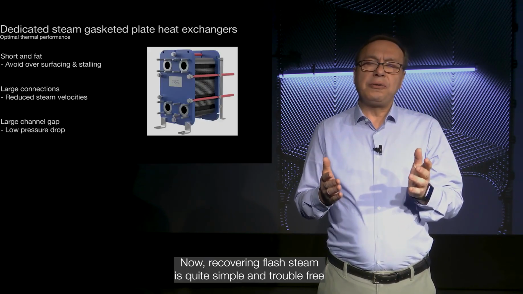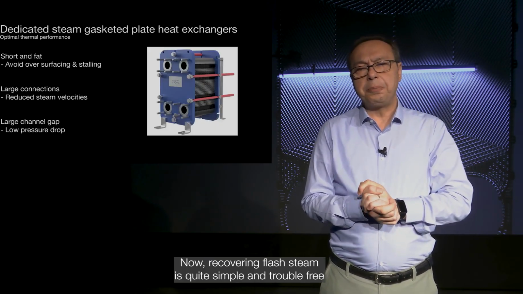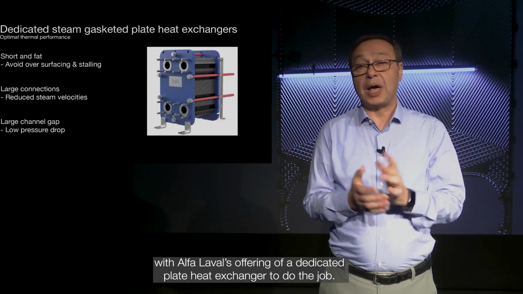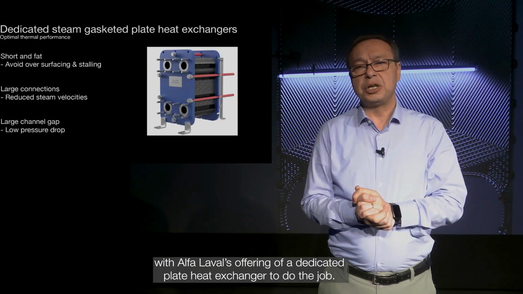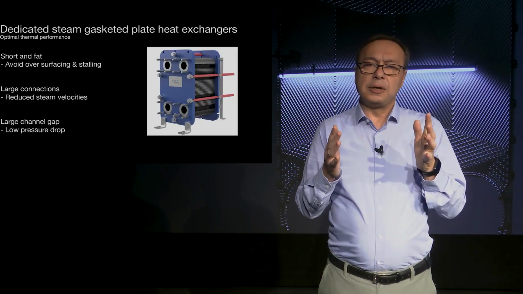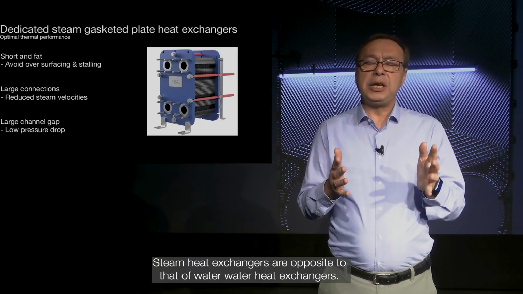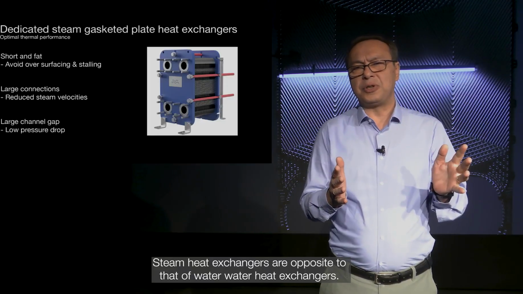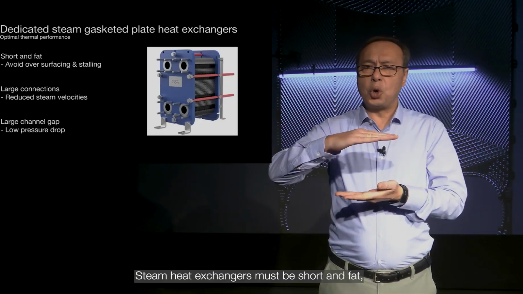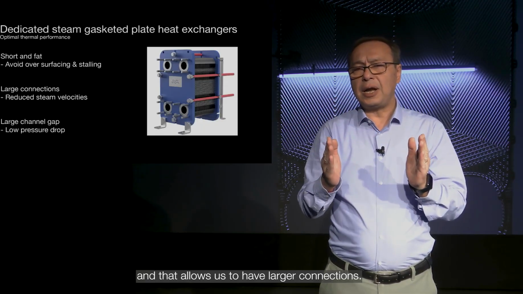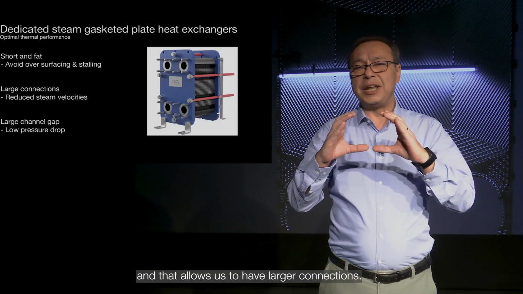Now, recovering flash steam is quite simple and trouble-free with Alfa Laval's offering of a dedicated plate heat exchanger to do the job. Steam heat exchangers are opposite to that of water-water heat exchangers. Steam heat exchangers must be short and fat, and that allows us to have larger connections.